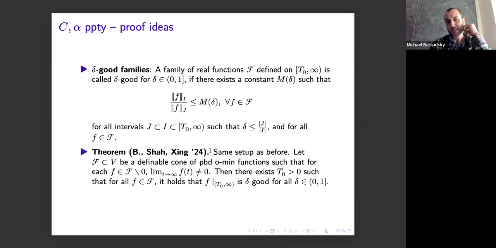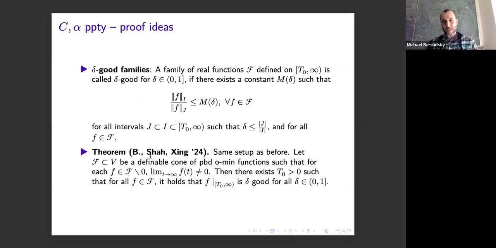The setup is the same as before. We have those polynomially bounded o-minimal functions, and we take a cone. Then there exists a t naught such that all of these non-zero functions restricted to the ray are delta good for every delta between 0 and 1.